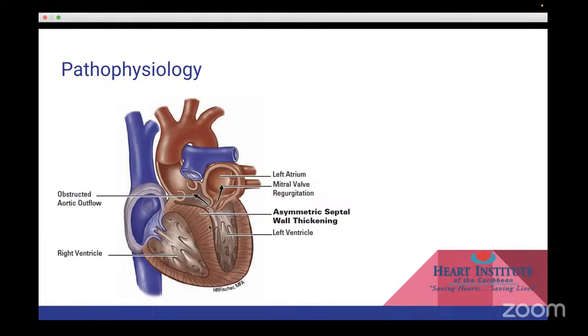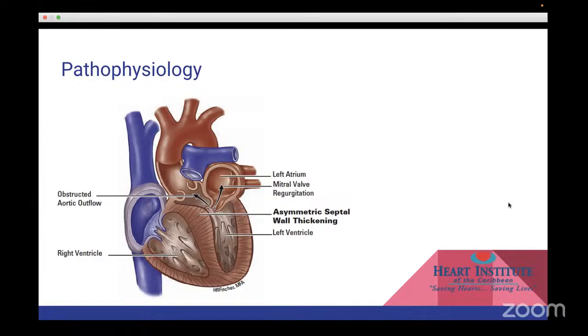Some other postulated mechanisms about the myocardial ischemia are abnormally small and partially obliterated intramural coronary arteries as a result of the hypertrophy, as well as inadequate numbers of capillaries for the degree of left ventricular mass and increased myocardial oxygen consumption. So those could be reasons as well why there's ischemia. And then remember, when you have ischemia, you have cell death, and that leads to fibrosis, and all these things impair the contractility of the heart, and impair how the heart would relax as well. So those are the main things as it regards to the pathophysiology.